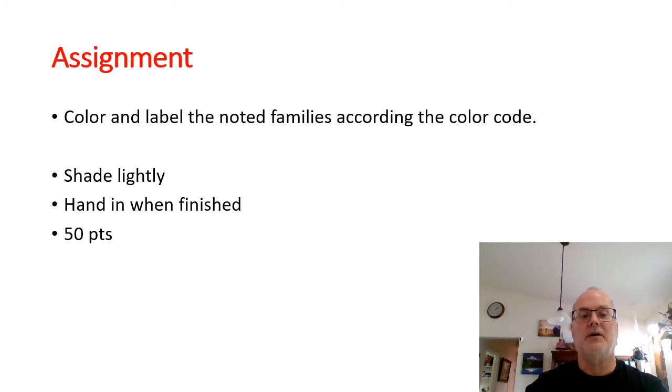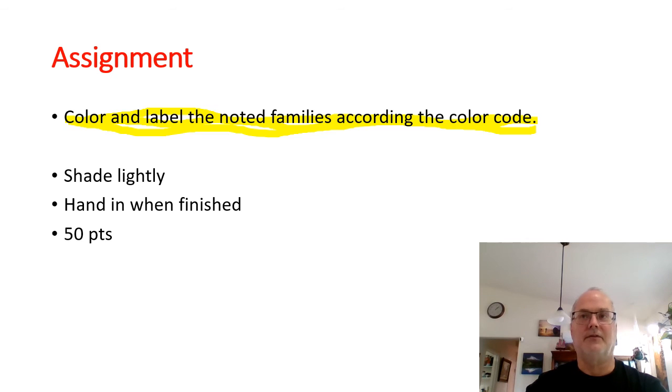So now your job is to take the blank periodic table, label families at the top, and color code it according to this pattern. And then to submit it to me, you're going to have to photograph it and turn it in. Now, unfortunately, you're also going to have to do the metal one again, unless you just happen to put that in your binder and took it home.